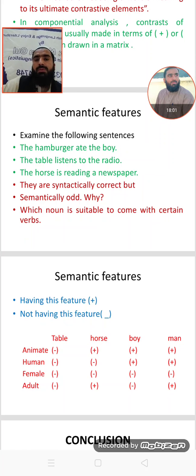How can we remove this oddness, how can we make these sentences semantically fine? With the help of componential analysis. This is the benefit of componential analysis, to remove oddness from the meaning of sentences.